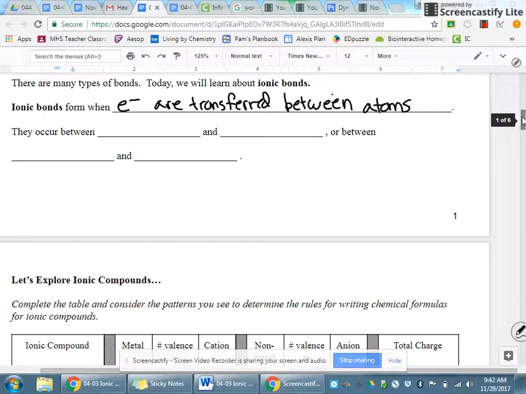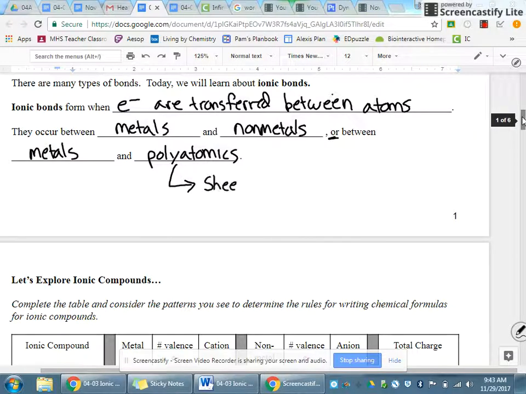That means an electron is given completely, like a gift, from one atom to another. So they occur between metals and nonmetals, or between metals and polyatomics. Remember, polyatomics, those are on your sheet.